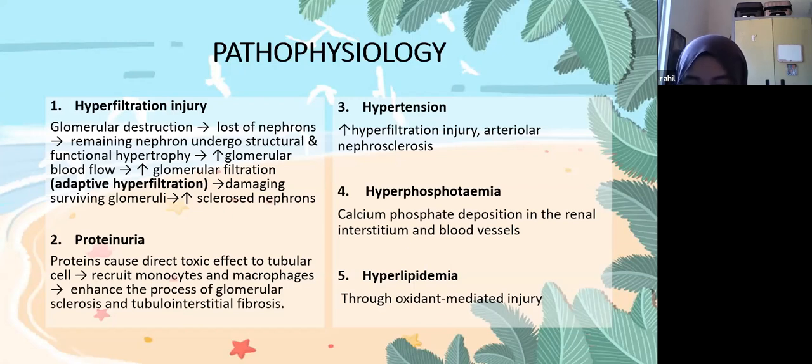And after that, this causes an increase in the glomerular filtration, and this filtration is called adaptive or compensatory hyperfiltration.